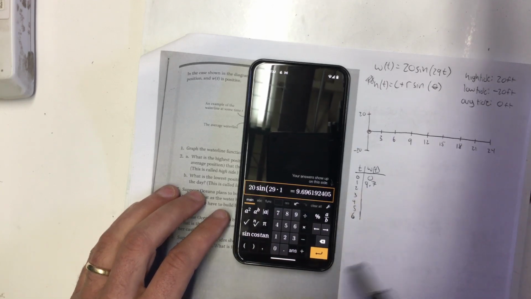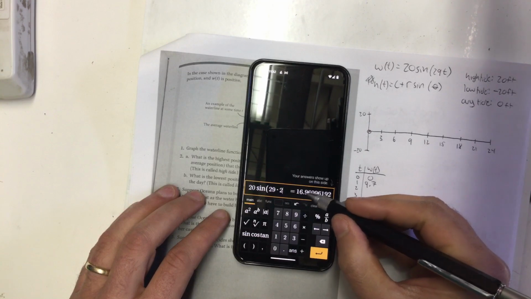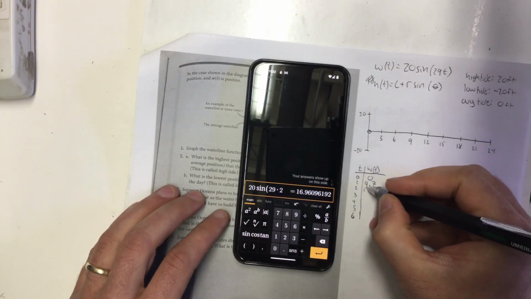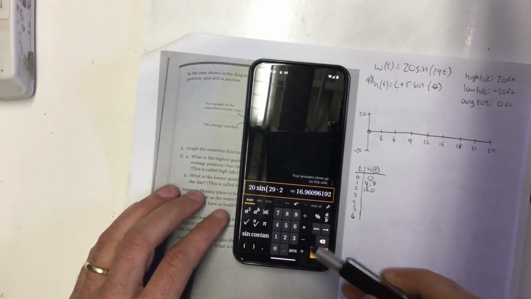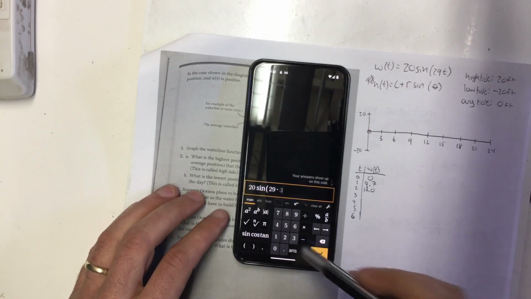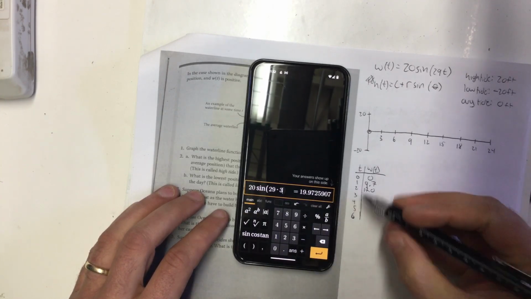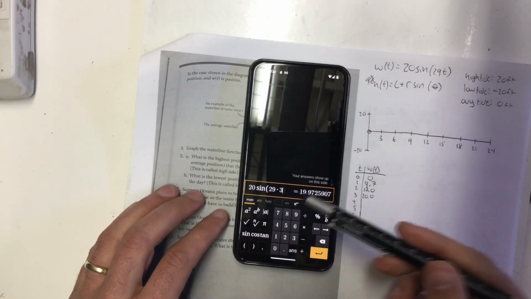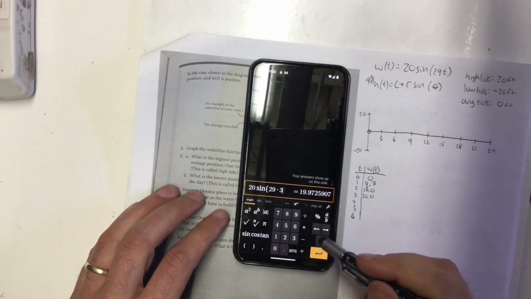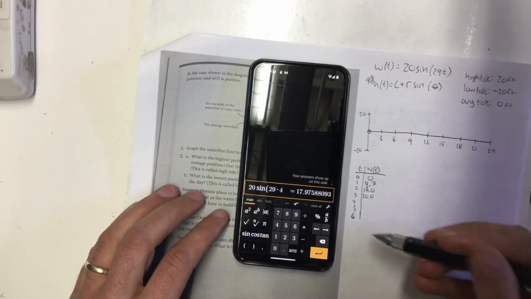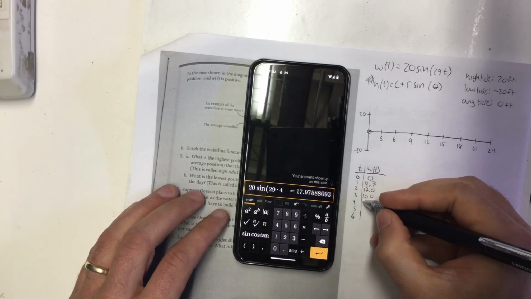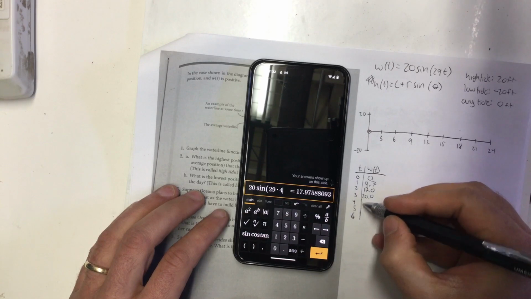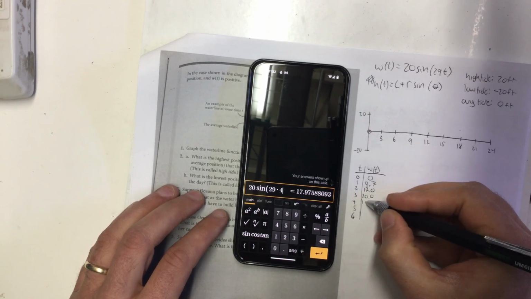So 9.7 feet. At 2 hours, it's at 16.96, so 17.0 after we round. Then at 3 hours, it's going to be at 20.0. Hey, that rounds up to our max. At 4 hours, it's going to be at 17.97, so then 18.0.